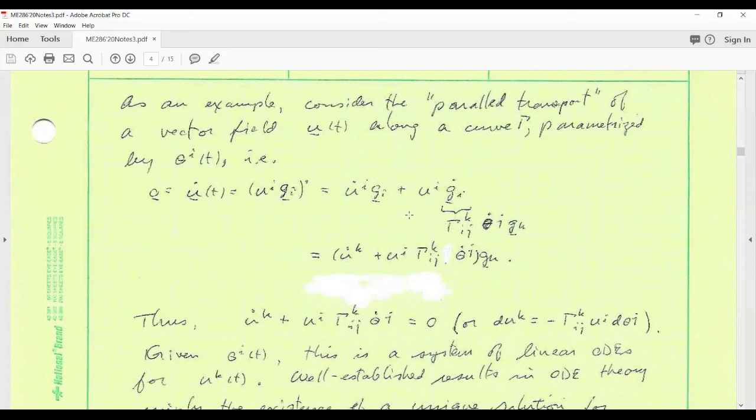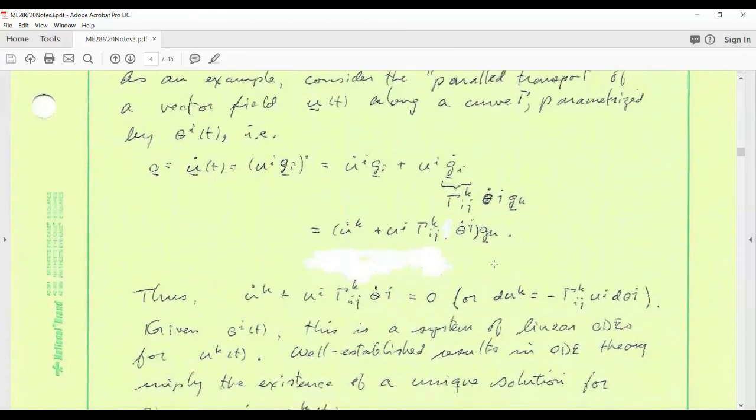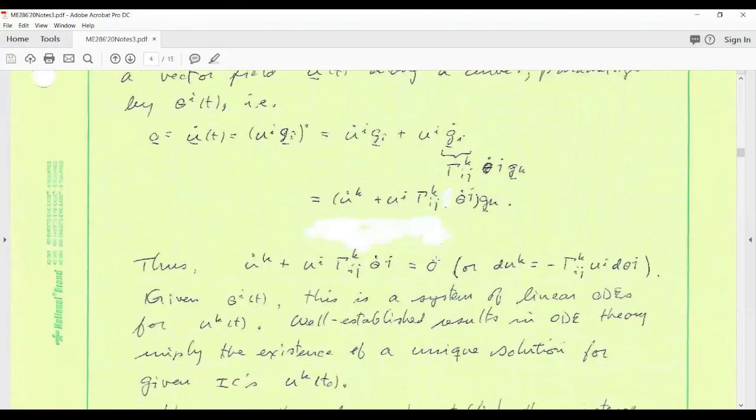And so let's see, if I relabel the summation index, call it K so that I can group the terms together, I have this parenthesis. And because the G constitute a basis, the only way this can happen is if the parenthesis vanishes for each K equal 1, 2, or 3. If I now multiply this equation through by dt, I can rewrite it in this way. So this is the equation of parallel transport in terms of contravariant components of the vector.